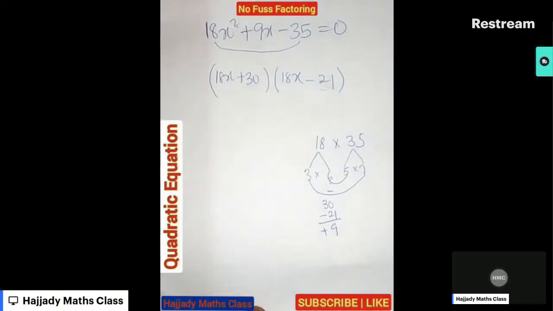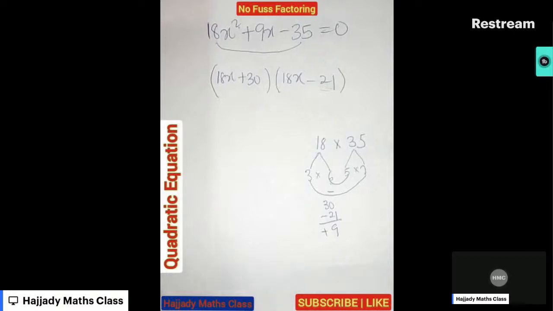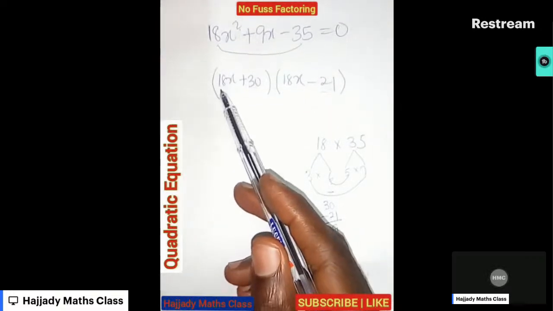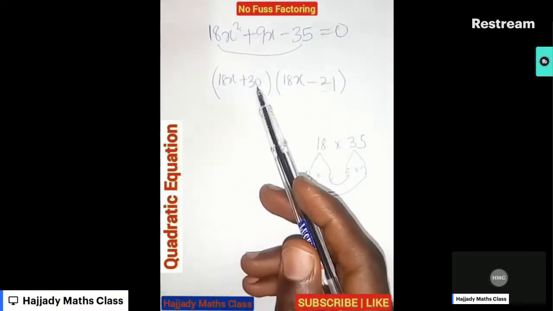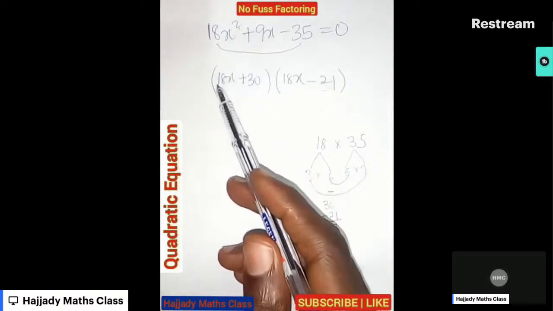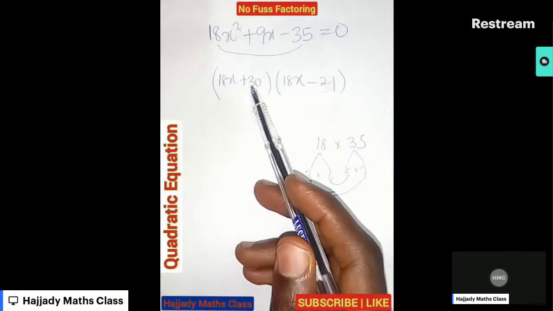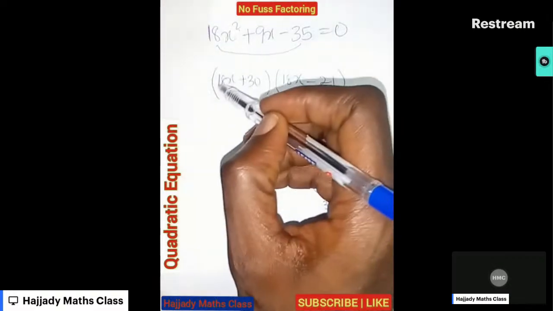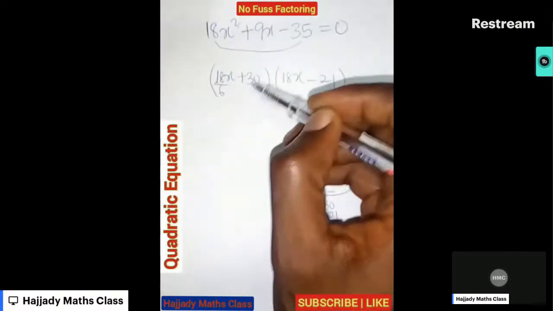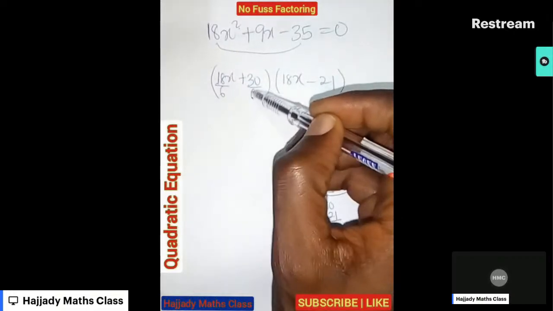Now the next thing we are going to do is look for the HCF, the highest common factor, that can divide 18 and 30. The HCF is 6, so we divide this by 6.